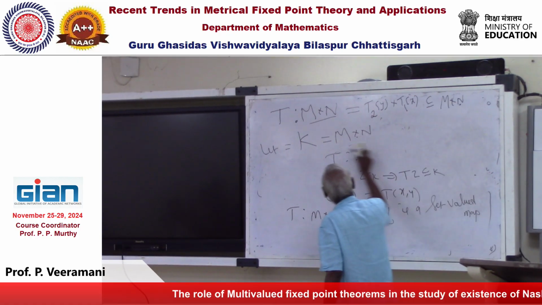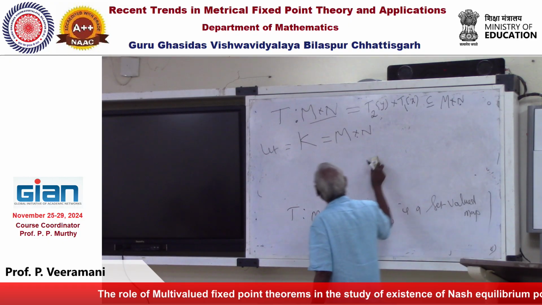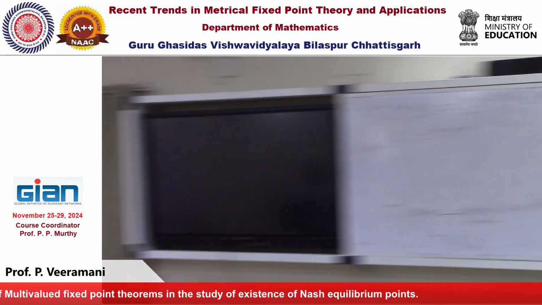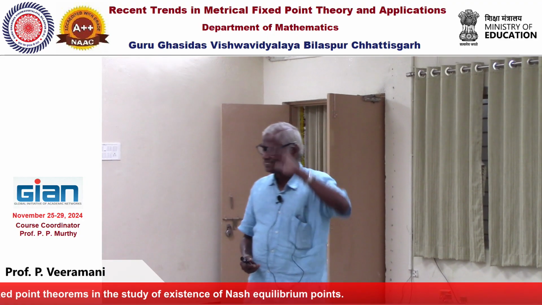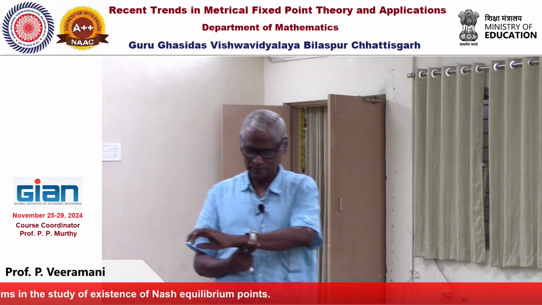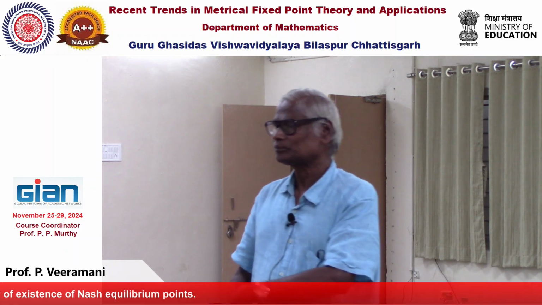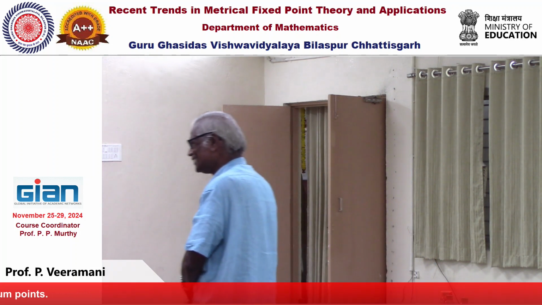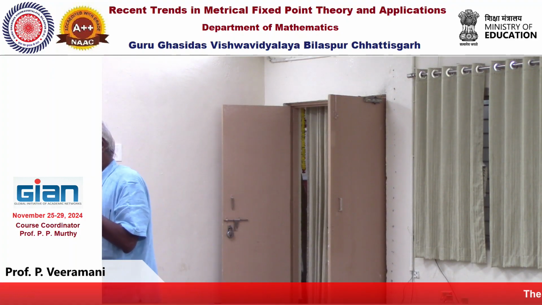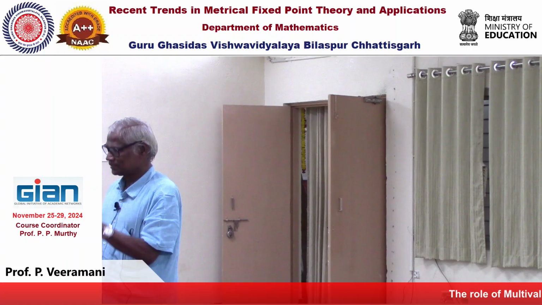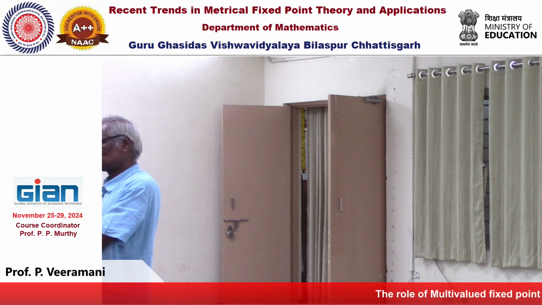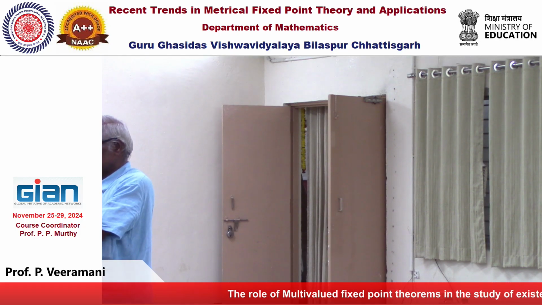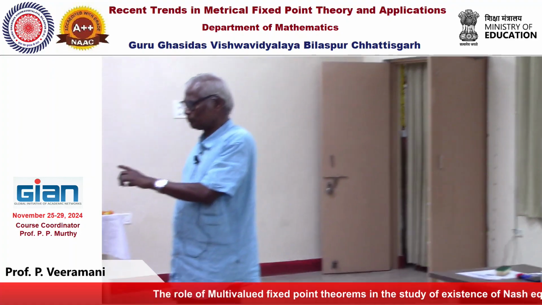Now, what is our aim? You should not forget what our purpose was. We have two players, player 1 and player 2. M is the set of rules for player 1, N the set of rules for player 2.